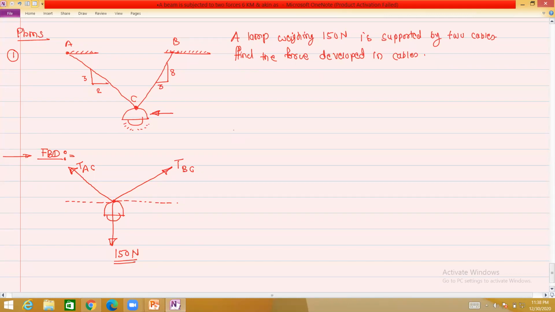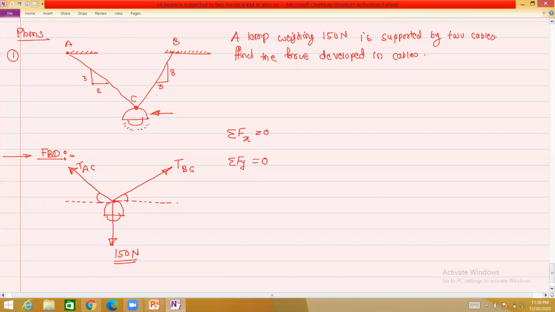Now the second step is to use the conditions of equilibrium: summation Fx is 0, then summation Fy is equal to 0. For the summation Fx and summation Fy, we have to resolve these forces, tension BC and tension AC. So we have to find this angle with respect to the x-axis.